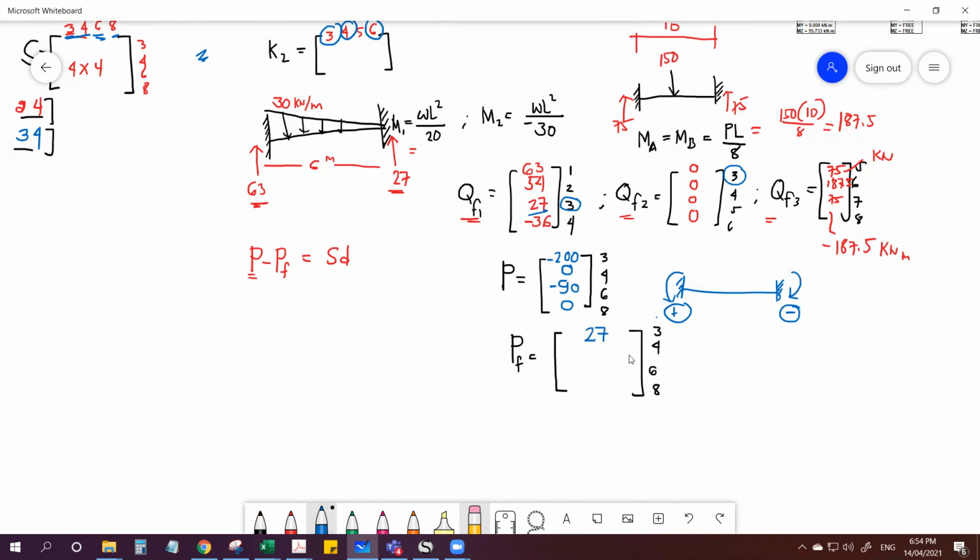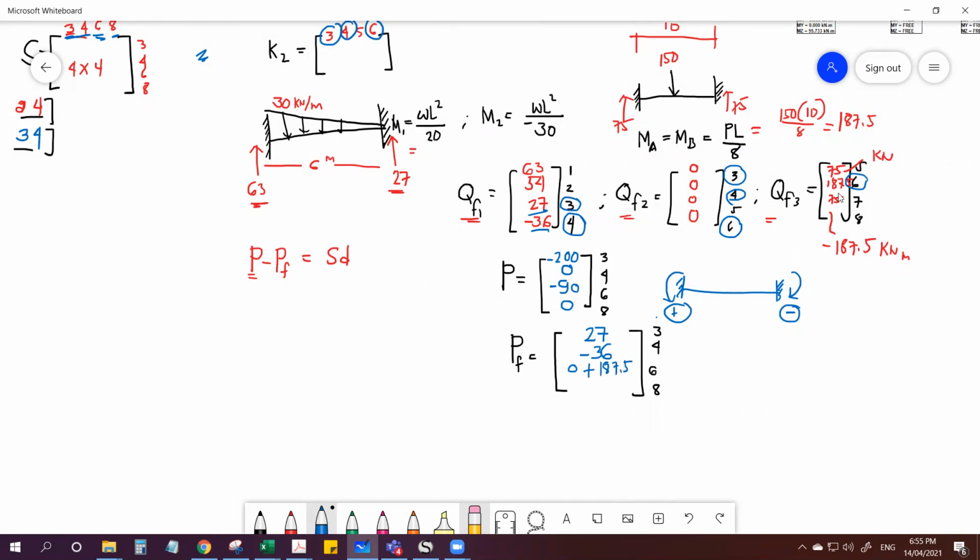QF corresponding to 4: this one, negative 36. So this will be negative 36. QF corresponding to 6: this one only, and this one, so that will be 0 plus 187.5.